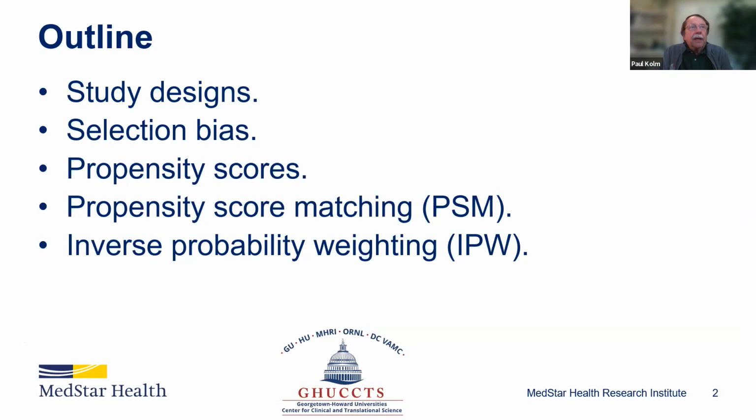And then the issue with non-randomized studies is selection bias, and we're going to look at methods to at least make some attempt to overcome selection bias by the use of propensity scores, either matching or what's known as inverse probability weighting.